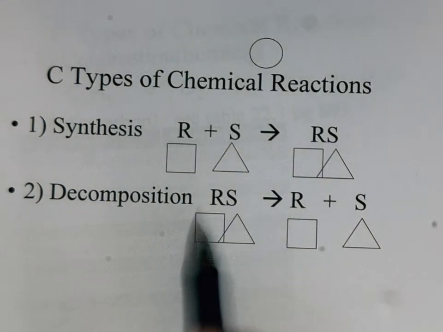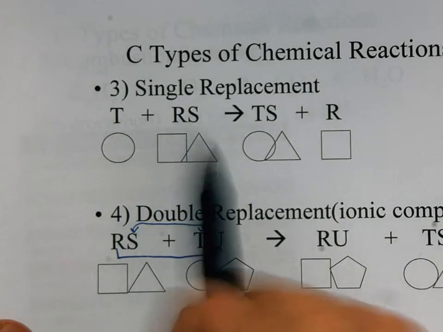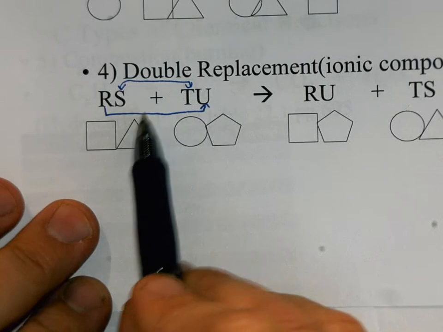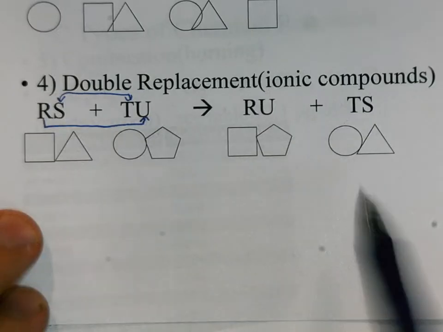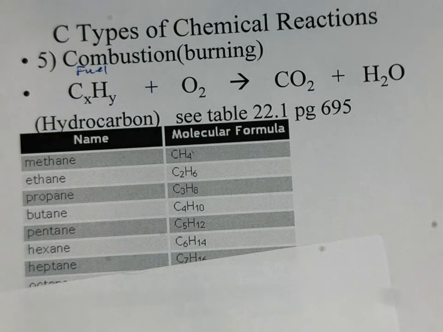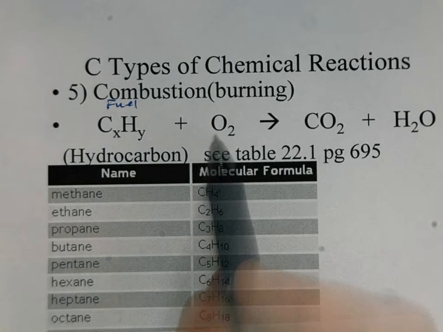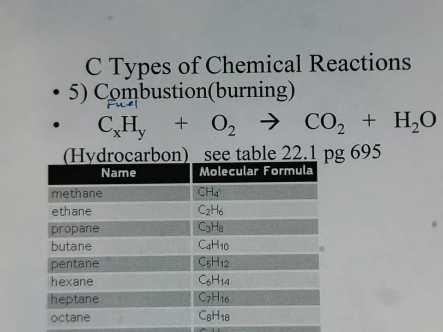Are you breaking one apart? Are you replacing one element in a compound with another? That's this one. Or do you have two compounds and the reaction makes them switch partners completely? Or is it combustion? Are we burning a fuel in the presence of oxygen to make CO2 gas and water? It's kind of cool.